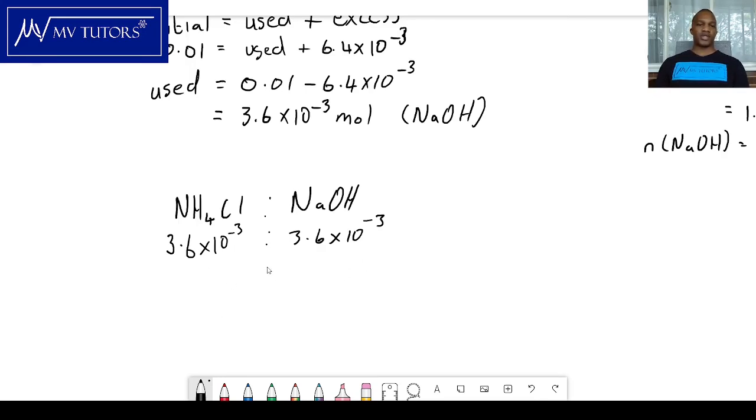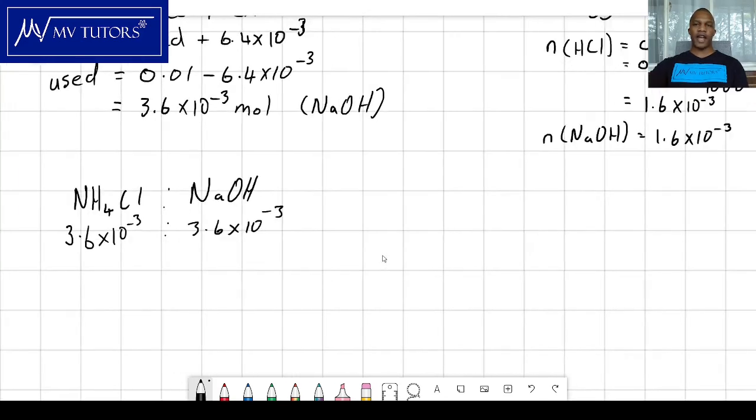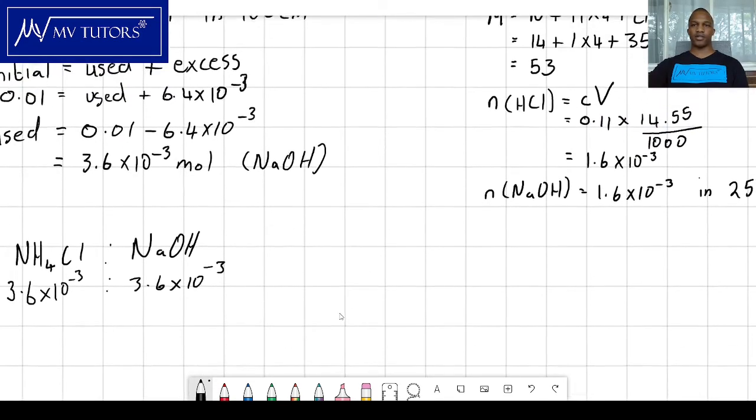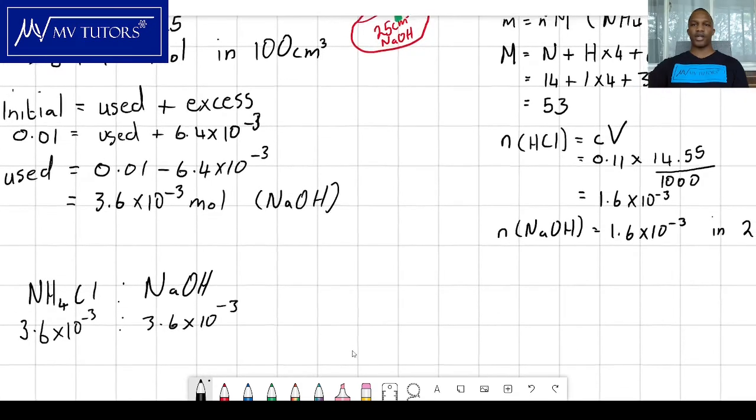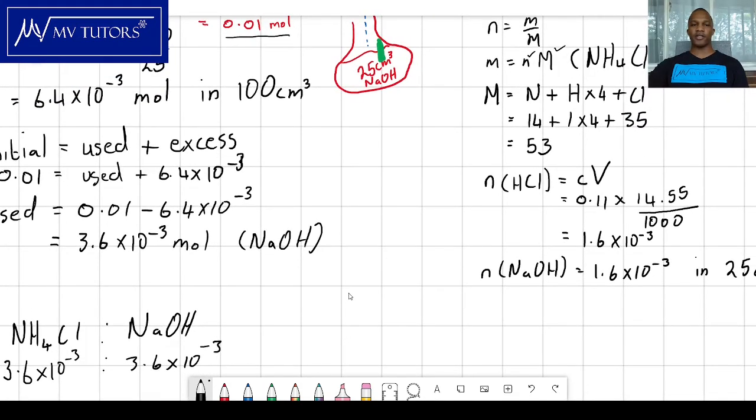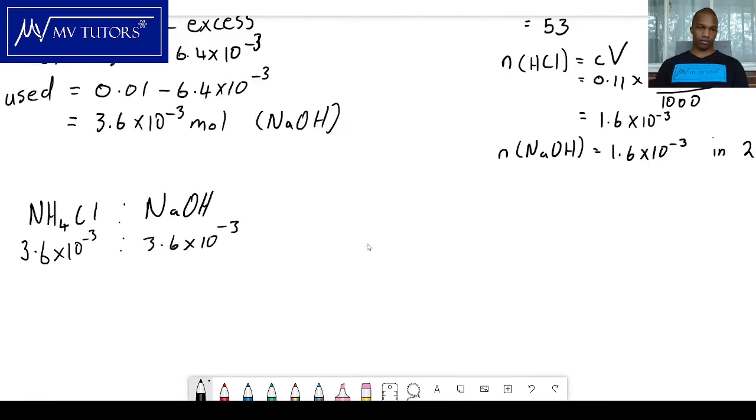So this is the number of moles that we have used. So now we can use these number of moles to calculate now the mass of it. Okay, so we have the number of moles and then we have the molar mass. So we have both variables that we needed.